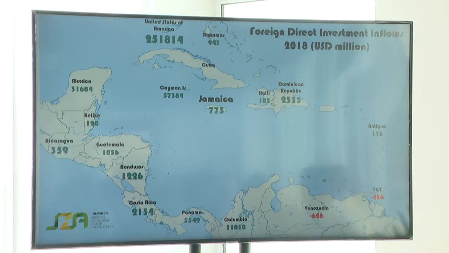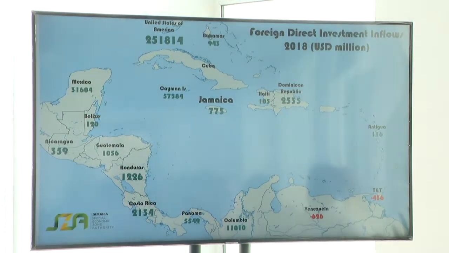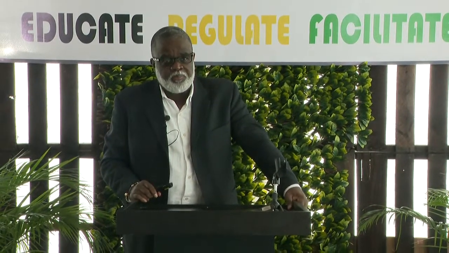This map shows the amount of foreign direct investment going into the region. And while not all of it goes into free zones or special economic zones, it's a good proxy to show the type of investments attracted. Jamaica was 770 million. But if you recall the previous diagram I showed, the DR is making 2.5 billion in FDI a year.